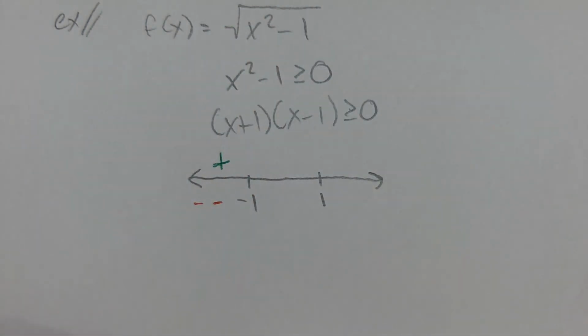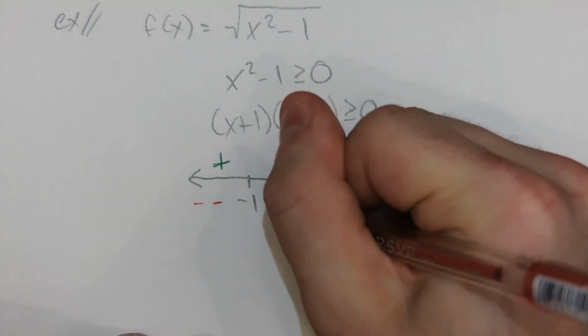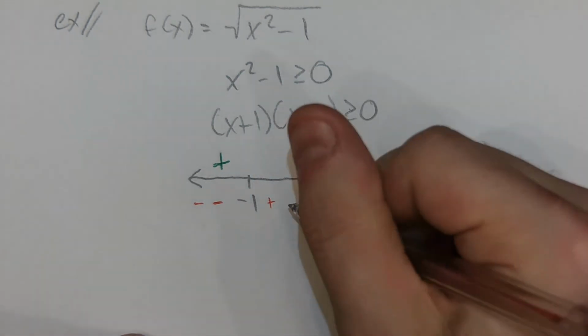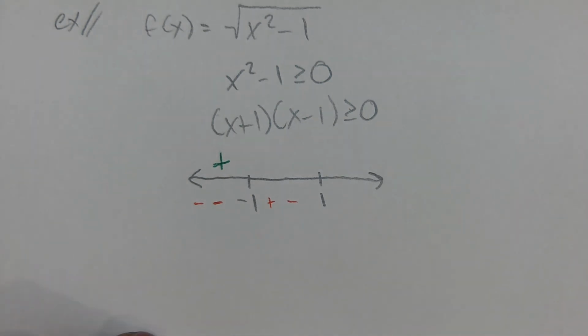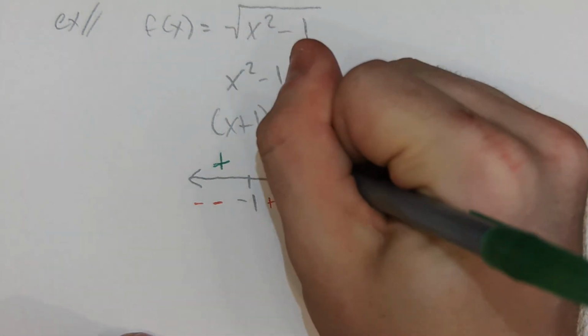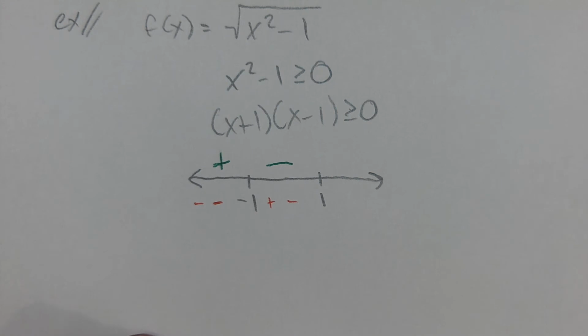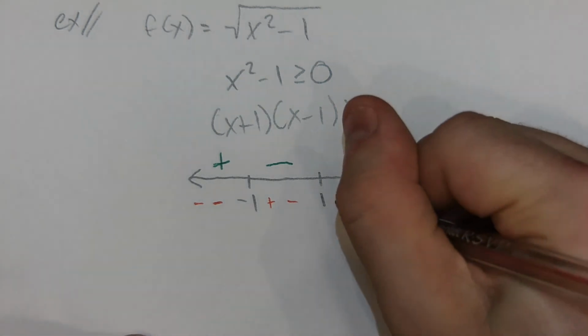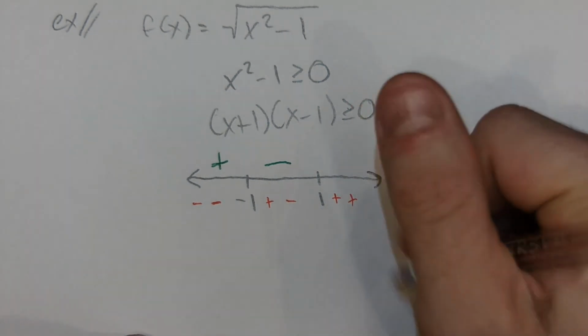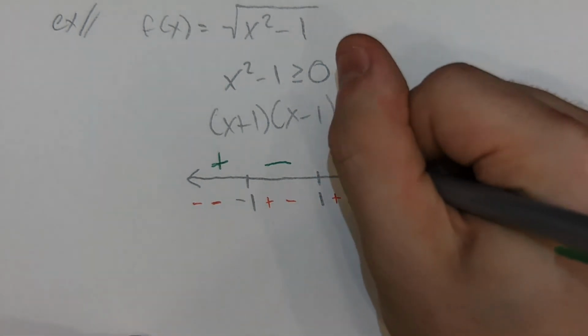Test the number between negative 1 and positive 1, like 0. 0 plus 1 is positive. 0 minus 1 is negative. The product of one positive and one negative will always be negative. And lastly, numbers to the right of 1, like 2. 2 plus 1 is positive. 2 minus 1 is positive. I think it's pretty obvious what's going on there.